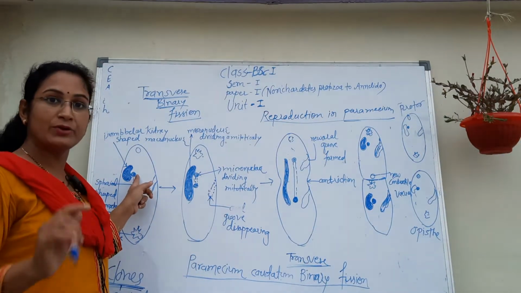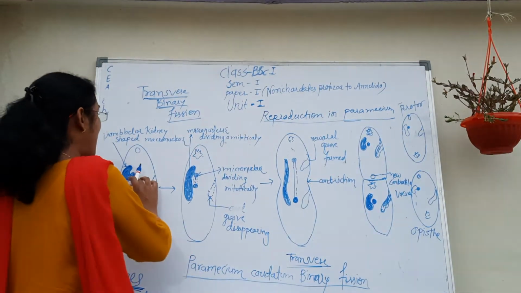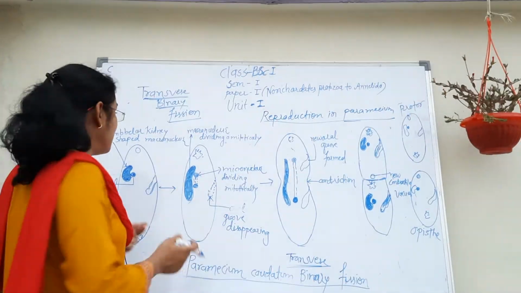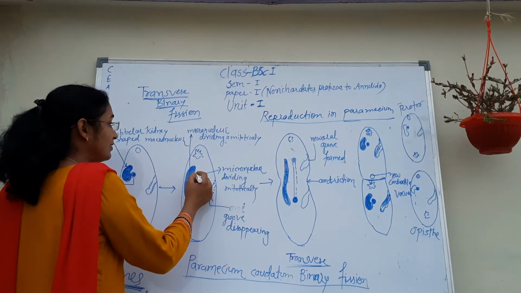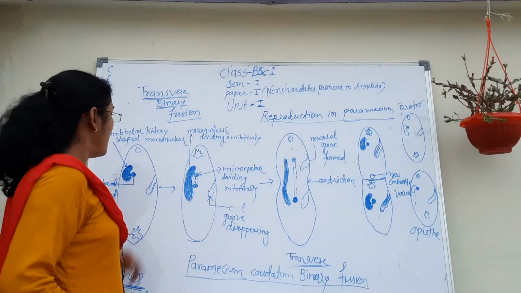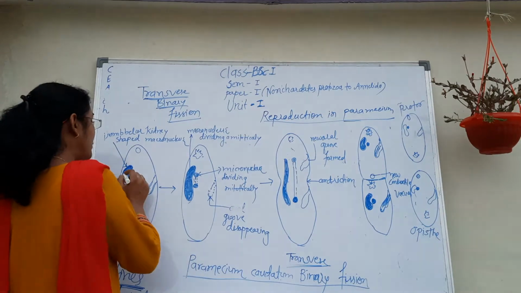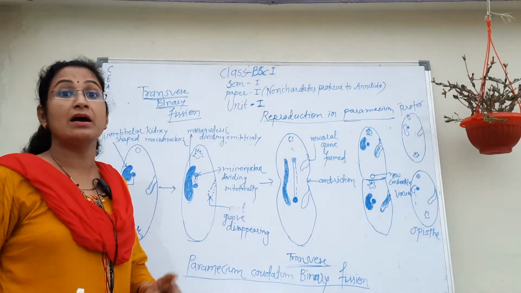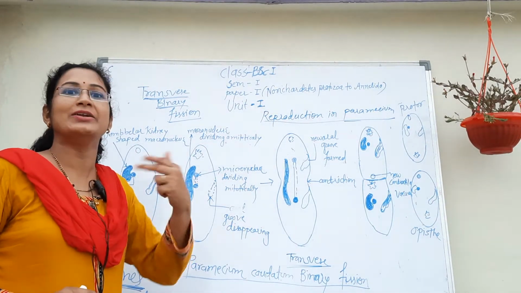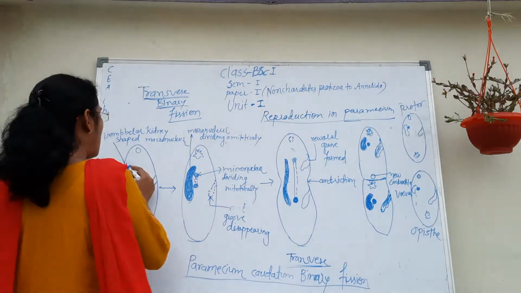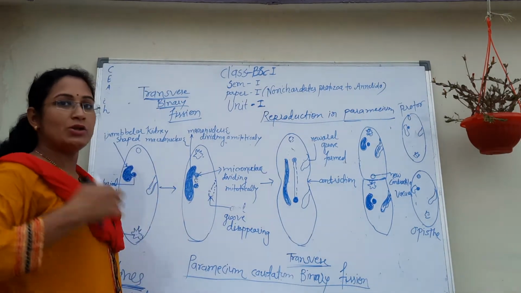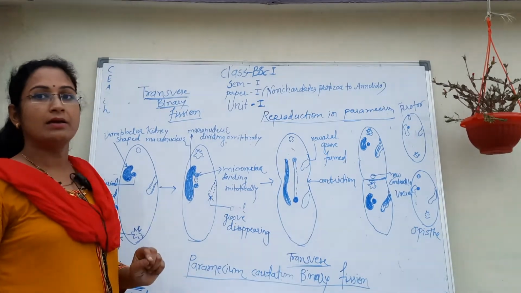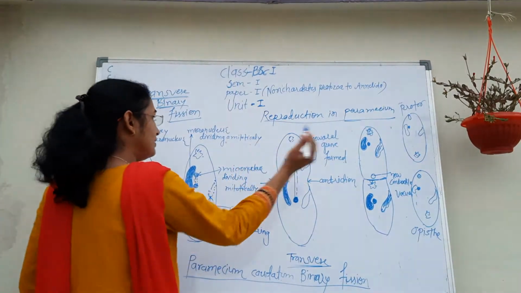It gradually increases in size and becomes elongated. Simultaneously, the macronucleus also enlarges and divides, but not mitotically; it divides amitotically. It also increases in size and becomes an elongated structure.